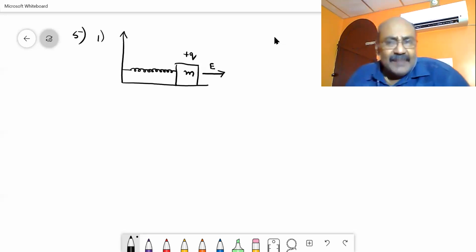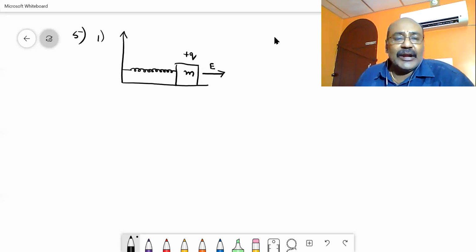Free body diagram we are drawing for the different forces acting on the mass. So in order to draw the free body diagram, let us consider this mass as a point mass. Now, the acceleration due to gravity acting on the mass pulls the mass in the downward direction.